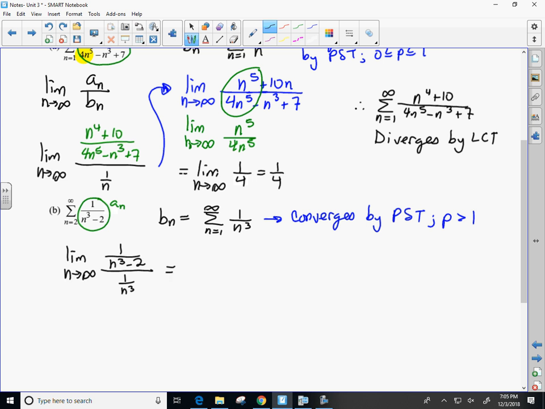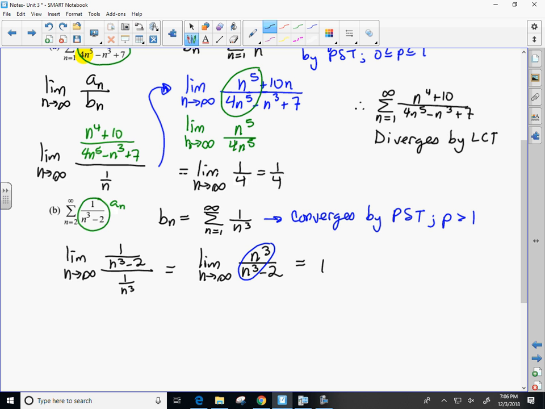That's going to become the limit as n approaches infinity of n cubed over n cubed minus 1, minus 2, which after you apply your limit hocus pocus is going to give us a 1.